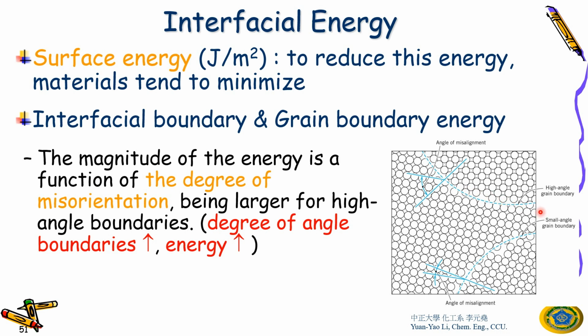The energy of this boundary will be higher than the energy of this small angle grain boundary. Why? Because this is more unstable, right? Because you have a bigger space, you have a higher mobility, you have a higher diffusivity, right? So the higher the angle of the boundary, the higher the energy. It makes the system most unstable.